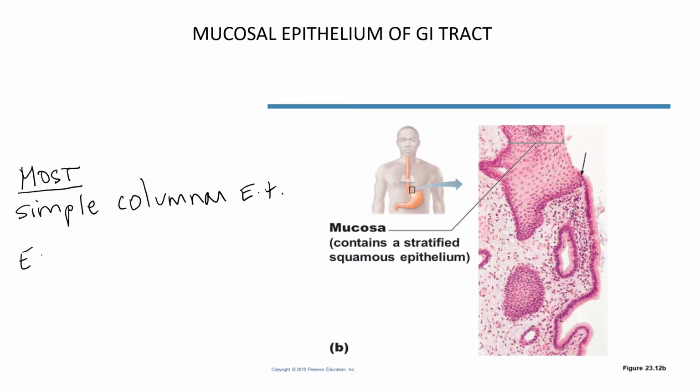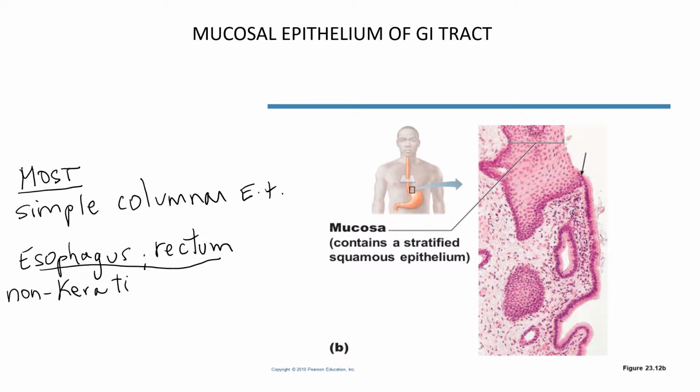In the esophagus and in the rectum, which is the last part of the large intestine, these areas are subject to mechanical abrasion. Therefore, the tissue is a protective epithelial tissue, non-keratinized, stratified, squamous epithelial tissue.